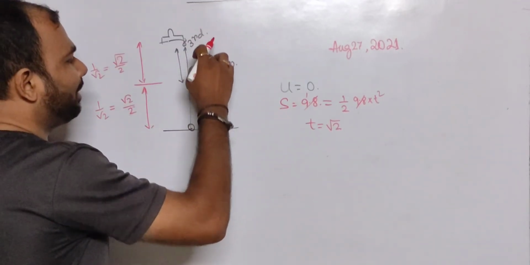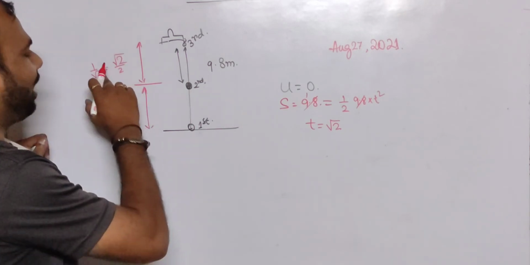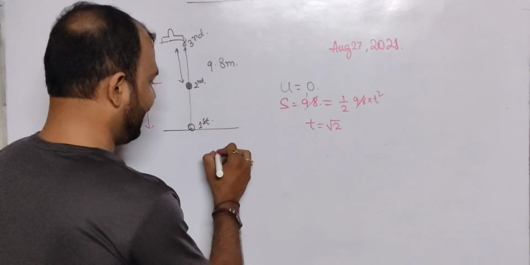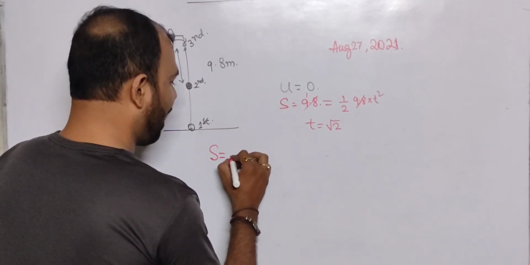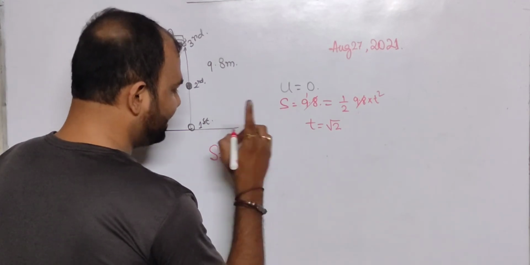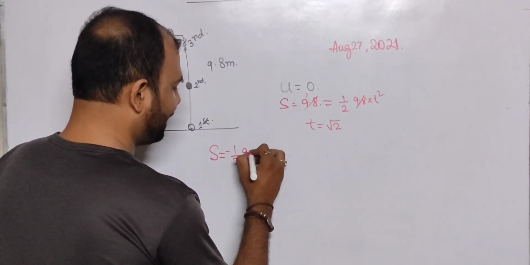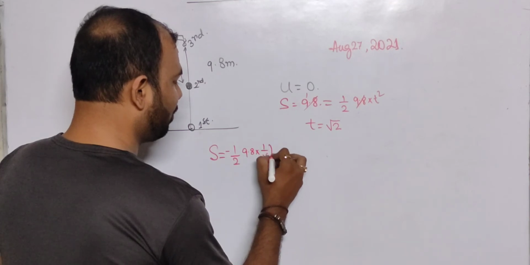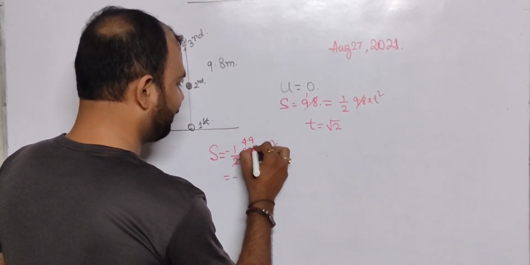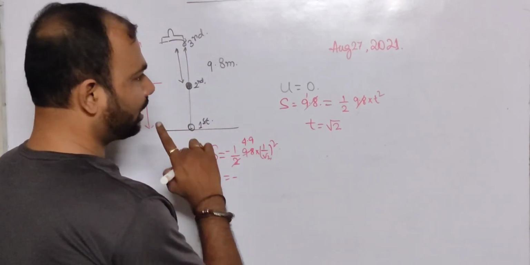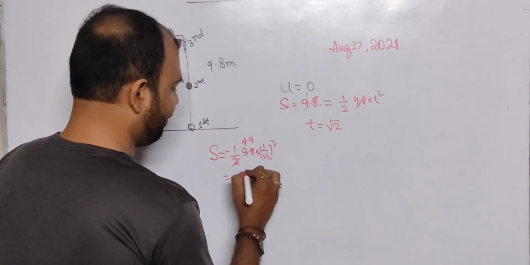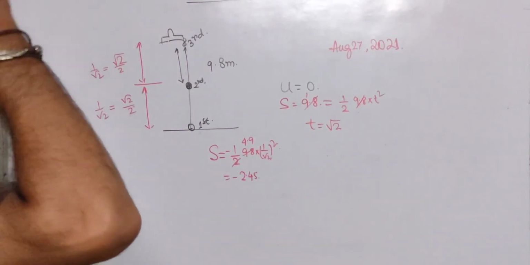The distance covered by the second drop in 1 by root 2 second, having initial velocity 0, s equal to minus half g t square. 9.8 into 1 by root 2 whole square. That means minus 4.9, and this will be 2. 4.9 divided by 2, 2.45 meter.